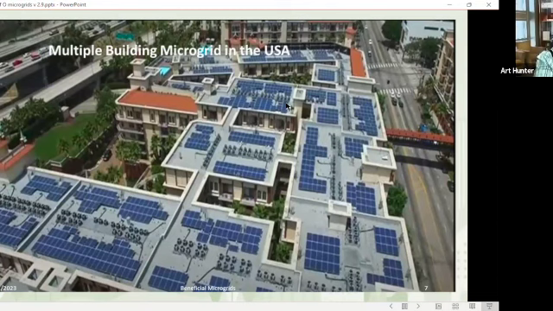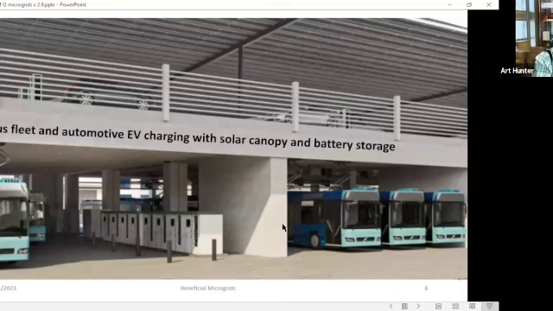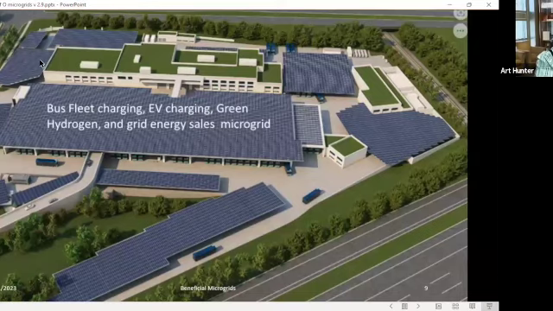Now, they've gone quite a way in the US. Here you can see an entire bus fleet that is electric buses, and on the second floor you can see these are EV charging stations, and above that is a canopy with generating solar, and that's kind of what it looks like looking from the top down.